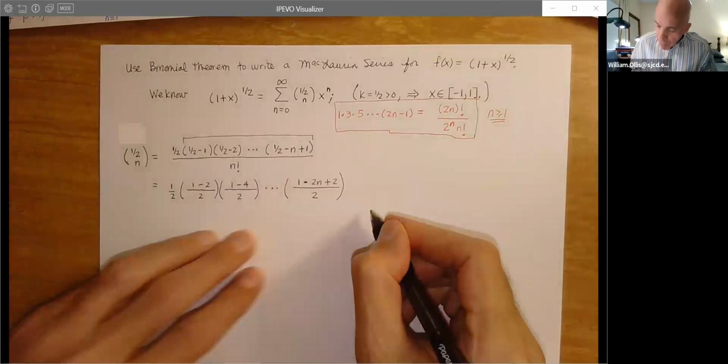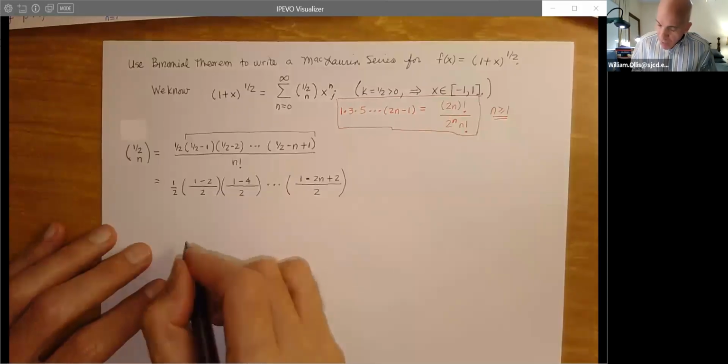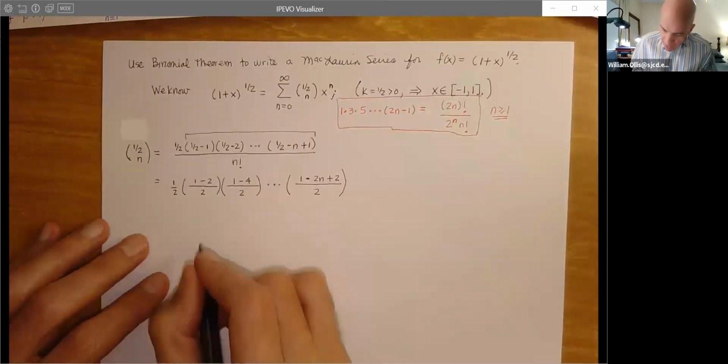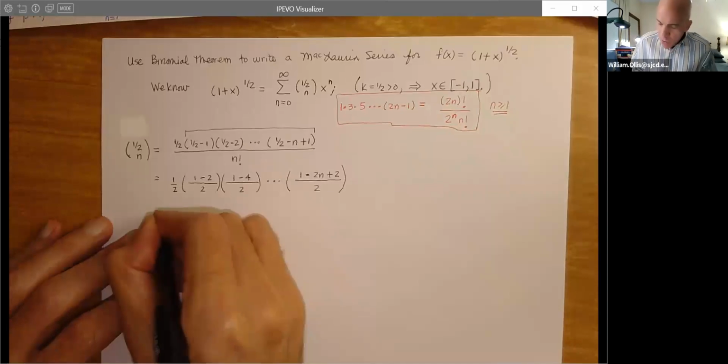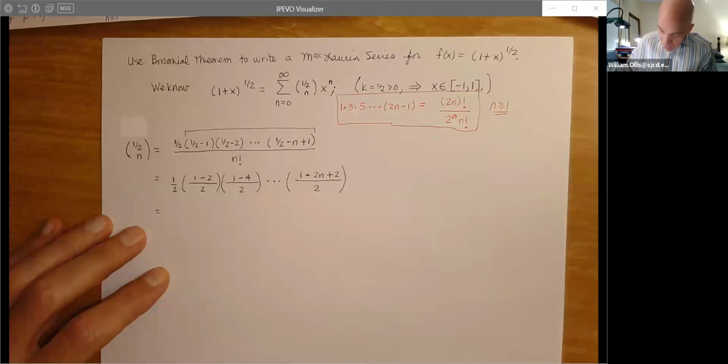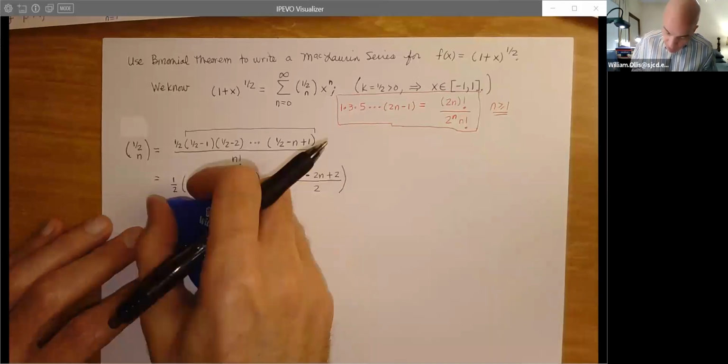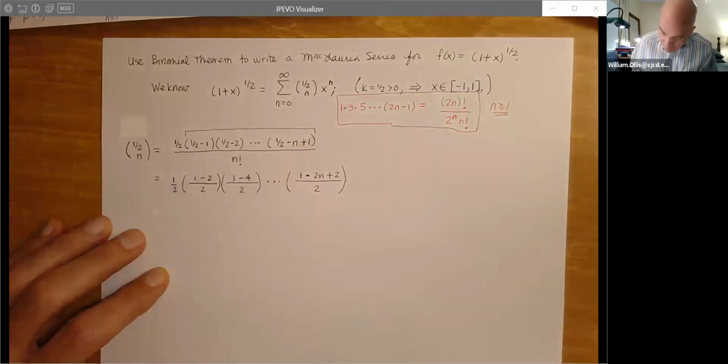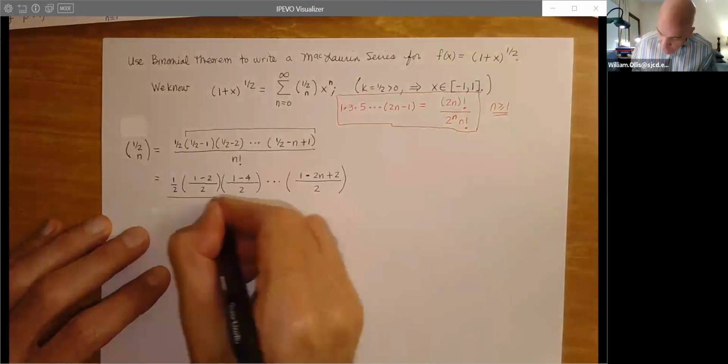Okay. So now we're thinking, okay, we're almost there. So notice we're going to get all these 2's downstairs. And then, of course, we've got the n factorial. Let me do my fraction bar. I'll go ahead and just do the long fraction bar for now.